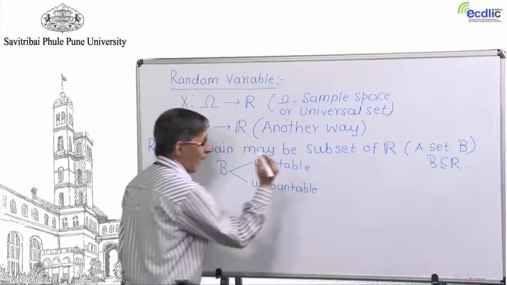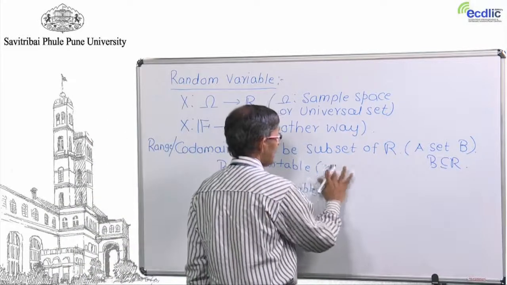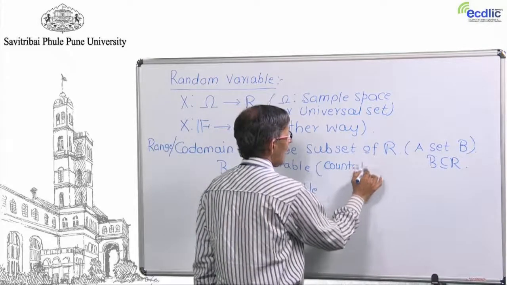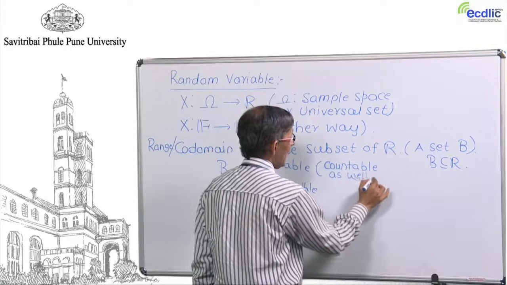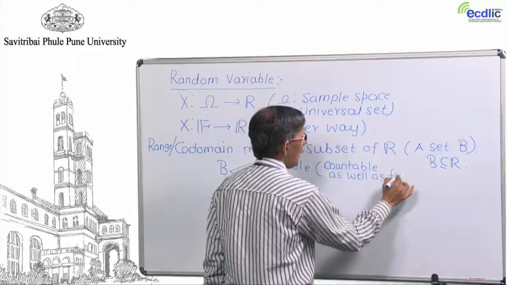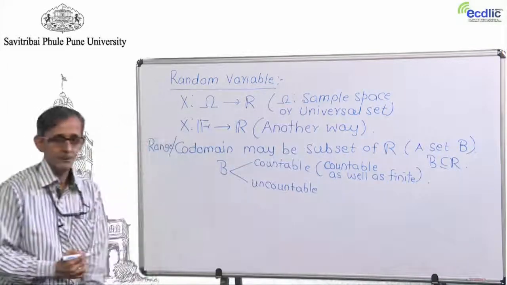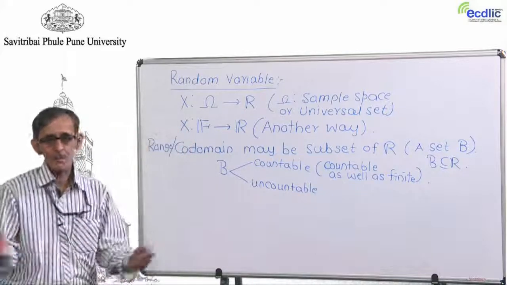Now, in countable I cover both the things, countable as well as finite. Okay. And uncountable means the interval type of sets.